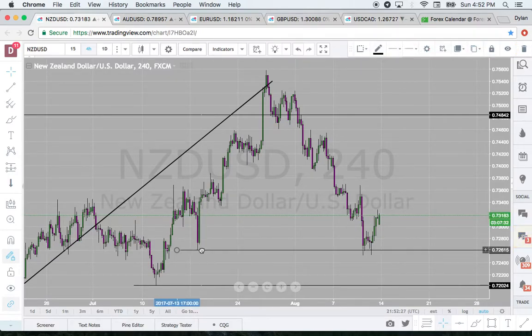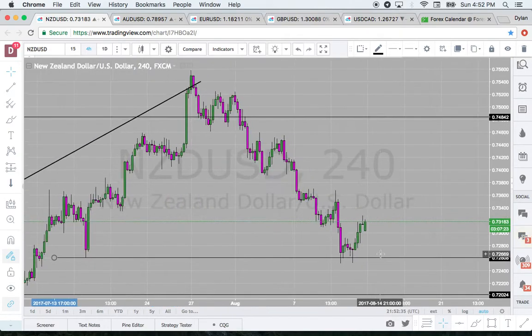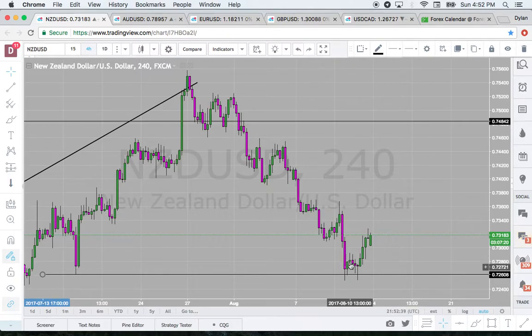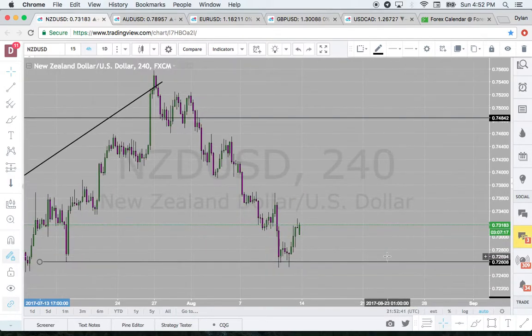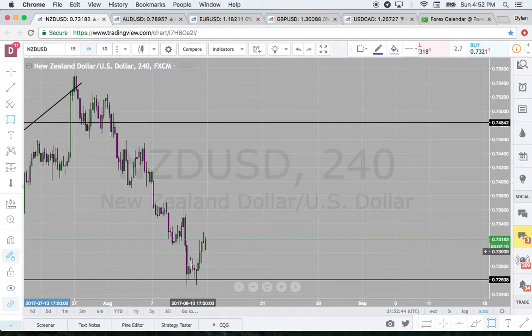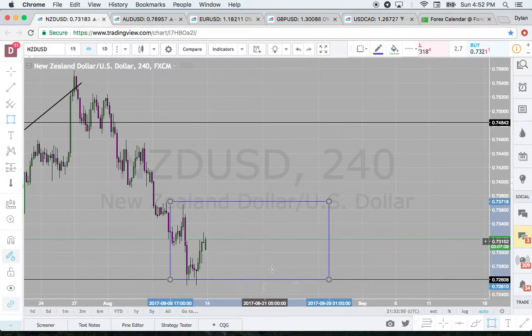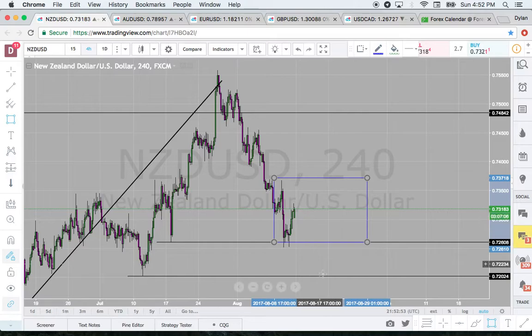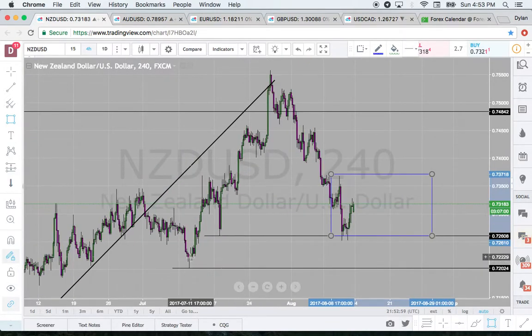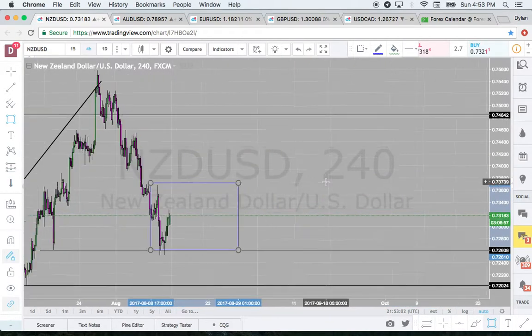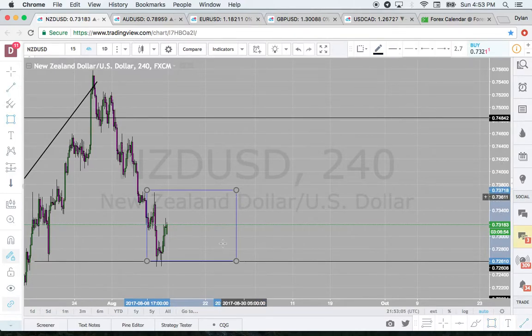We can see a low that was created at the 0.726 area, and then price worked that low, created that W formation off that low, and now I believe we could see for this week some sort of consolidation in this area, and then a break to the next low. It could either break to this next previous low or continue coming upwards out of this consolidation.